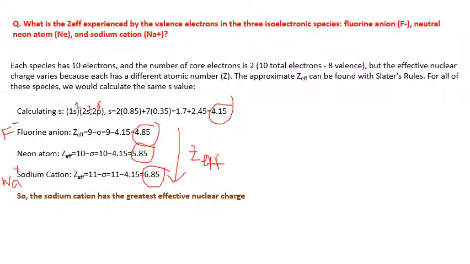For example, here in the 1s2, 2s2, 2p6 electronic configuration, the 7 electrons will contribute 0.35 and the 2 electrons will contribute 0.85, as the formula suggests. Then you just subtract from the atomic charge: for fluorine 9, for neon 10, and sodium 11, you get the effective nuclear charge 4.85 for fluoride, 5.85 for neon, and 6.85 for sodium.